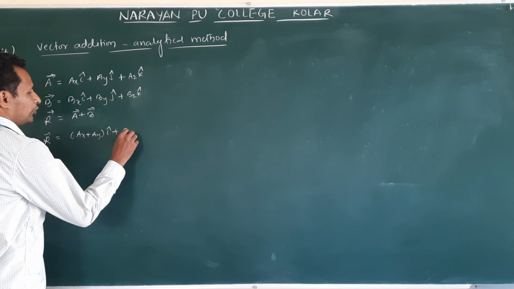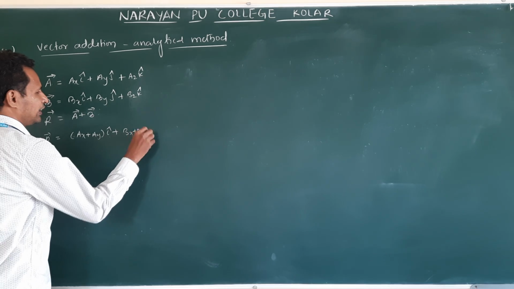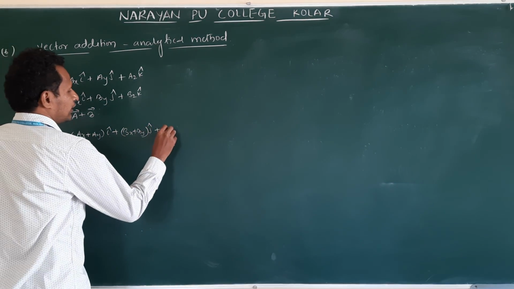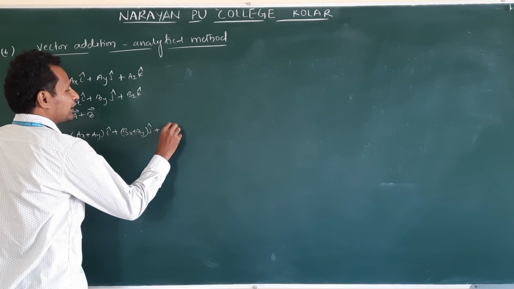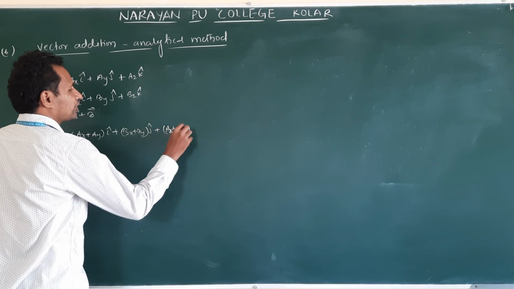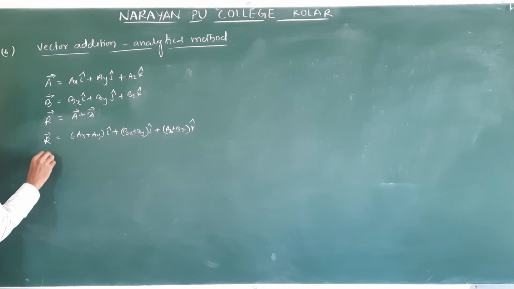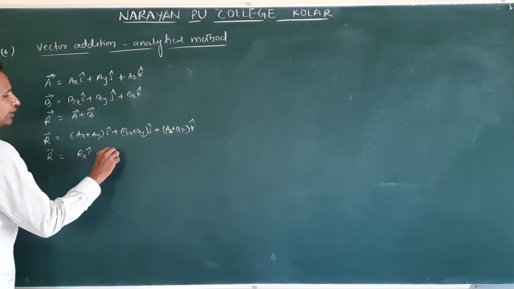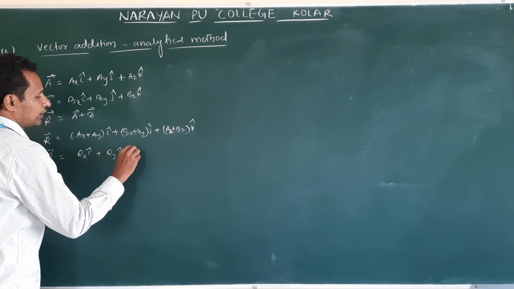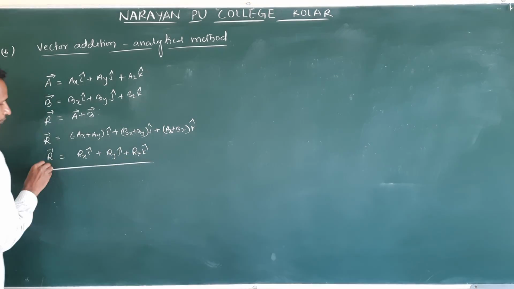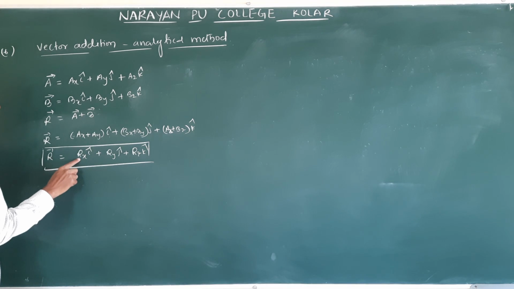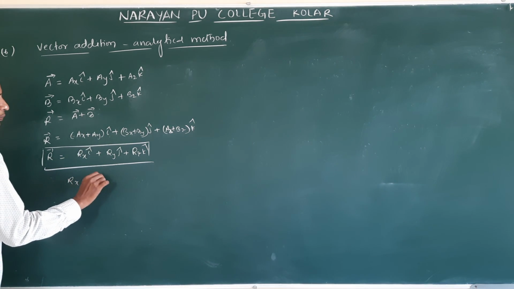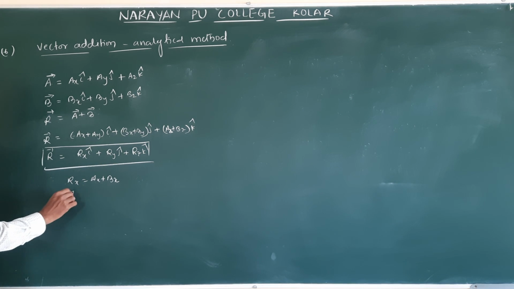Next, Ay plus By j cap, and next we will get another term Az plus Bz k cap. This we will write like Rx i cap plus Ry j cap plus Rz k cap. Clear? Then what is the Rx? Ax plus Bx. Rx is equal to Ax plus Bx. Ry is what?